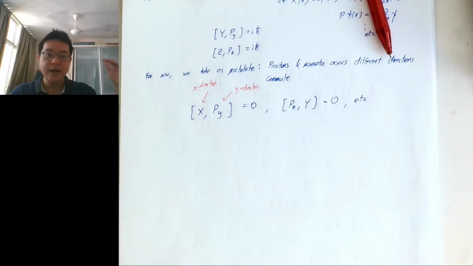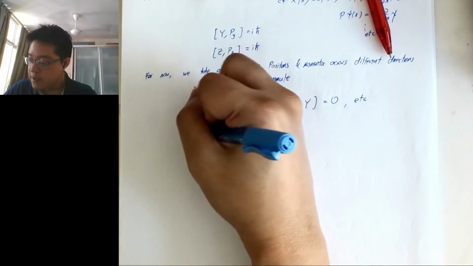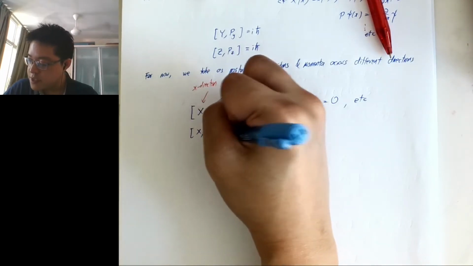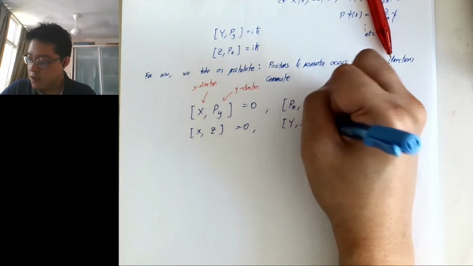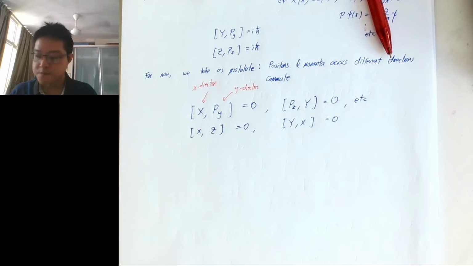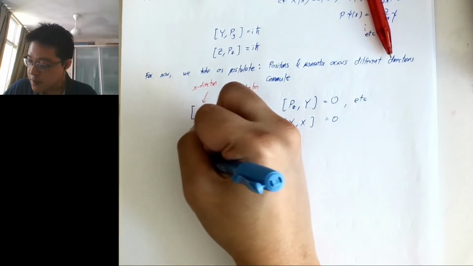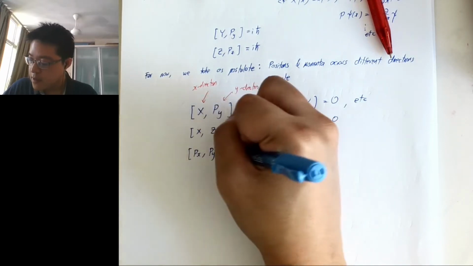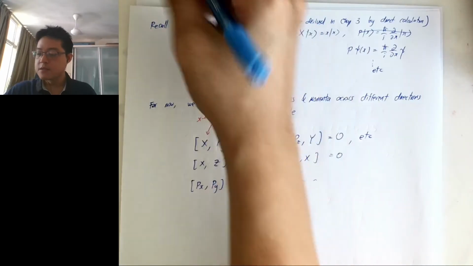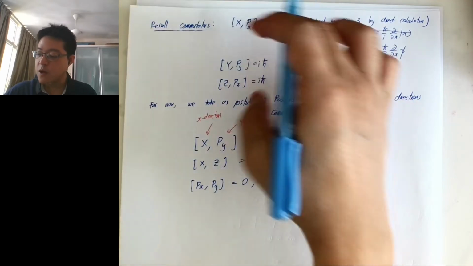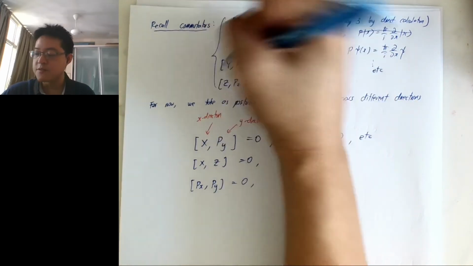As long as they are different directions, in fact x with a different position also 0. You can do it with all the other combinations, and same for the momentum. So px, py also 0, and so on. Okay, so the only non-zero commutators are these 3 pairs over here.